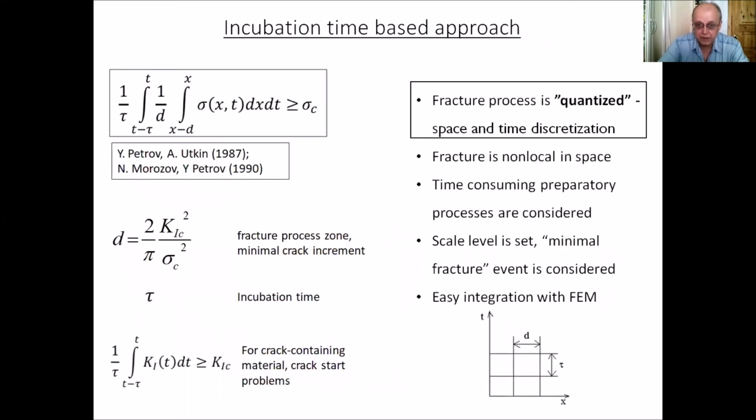It utilizes two material parameters, d and tau. Material linear size d is the size of the representative volume for the given scale level, and material time, characteristic time tau, we call it incubation time. In many cases, it represents the characteristic time of relaxation that accompanies the process of microcracking, which includes nucleation, growth, coalescence, preparatory processes that precede the macrofracture event.